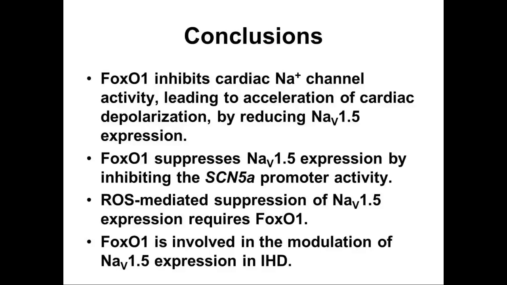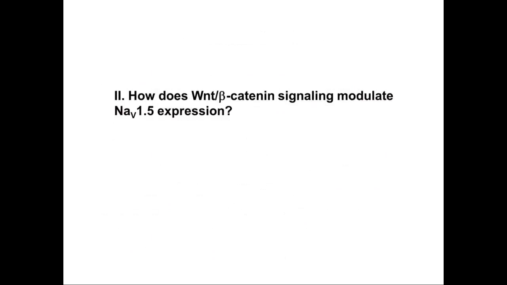FOXO1 is also presumably involved in the modulation of sodium channel in ischemic heart disease, because H2O2 is significantly increased in ischemic heart disease. So in the next portion of my talk, I'm going to talk about the Wnt beta-catenin pathway involved in sodium channel regulation.